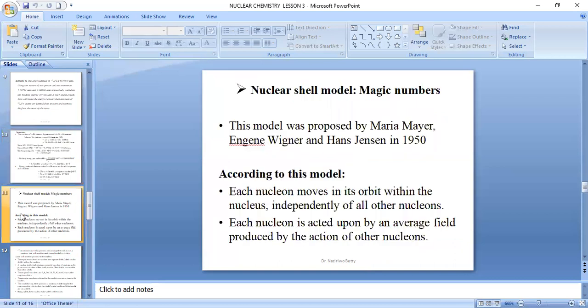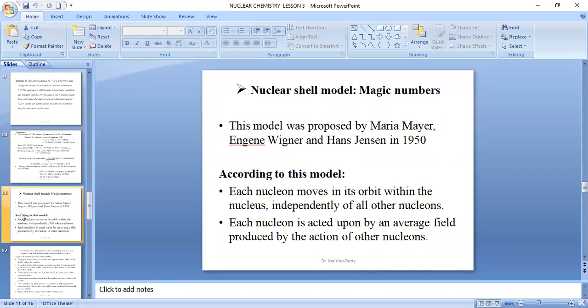So another factor was magic number. And this is the nuclear shell model or magic number. This model was proposed by Maria, Wigner, and Hans in 1950.